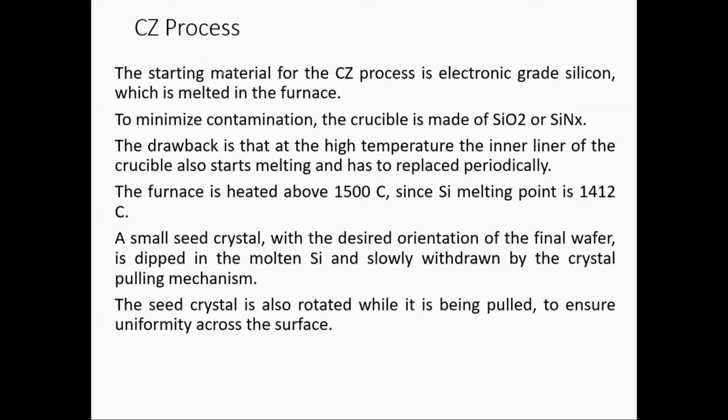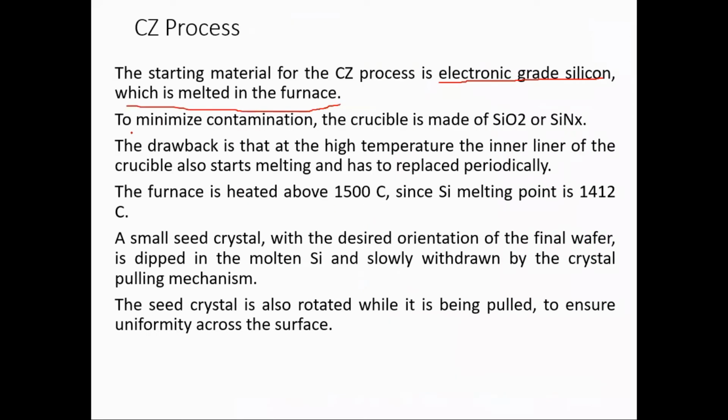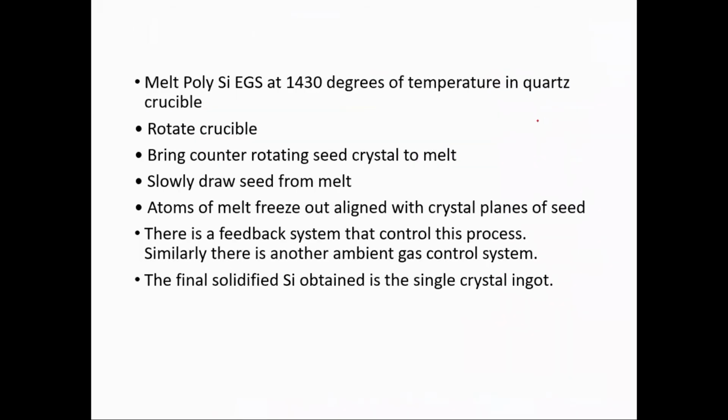When you talk about the CZ process, the initial material is electronic grade silicon, which is melted in the furnace. So this is your furnace. In this, you put your EGS and get it melted. Then to minimize contamination, the crucible is made of SiO2 or silicon nitride. Yes, this is what we have done.